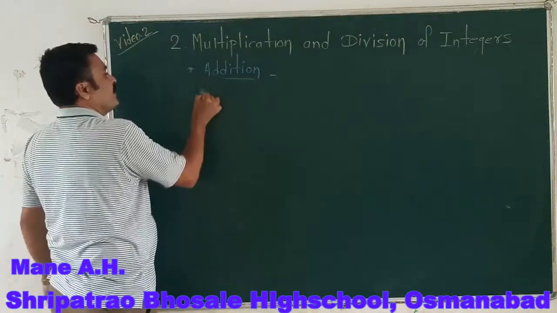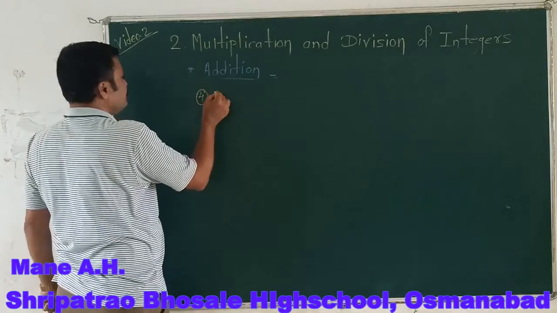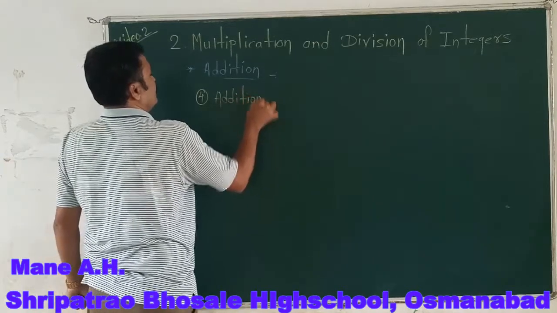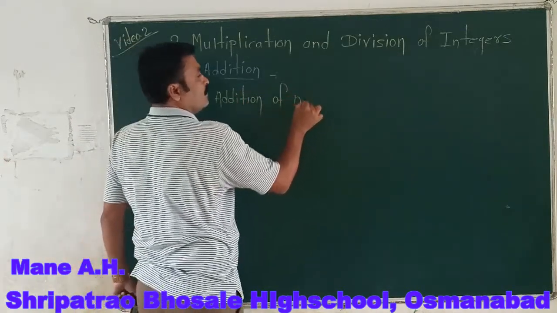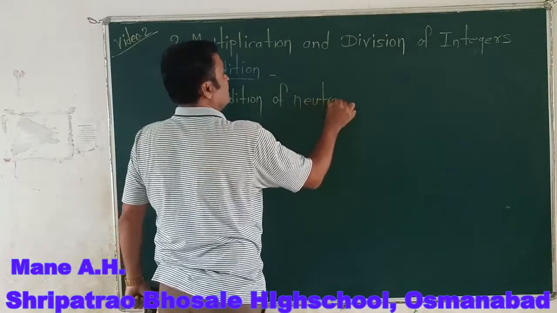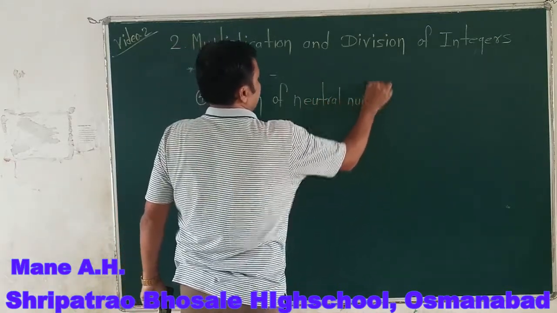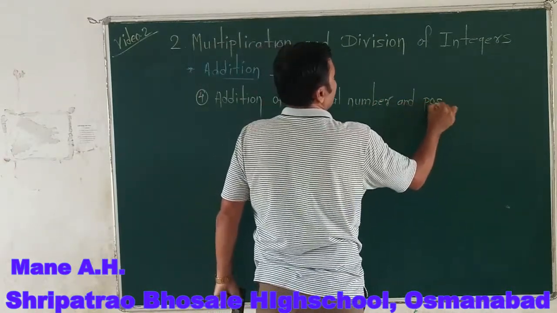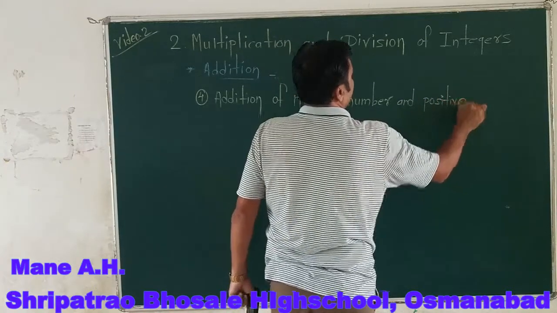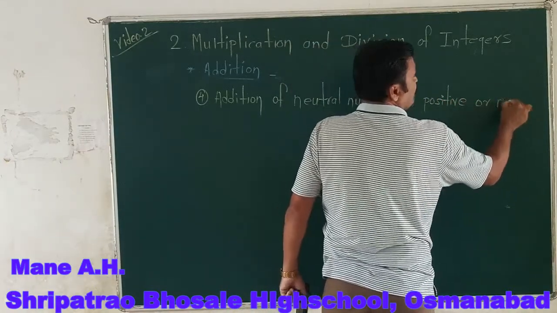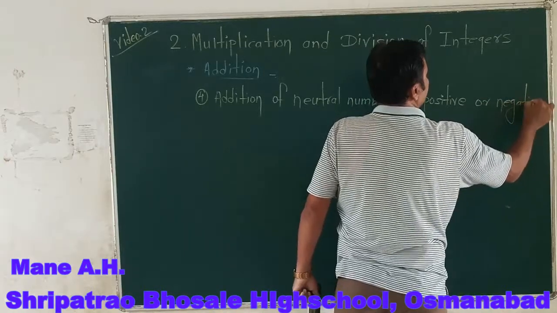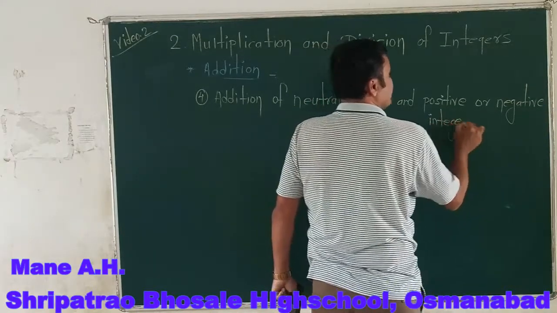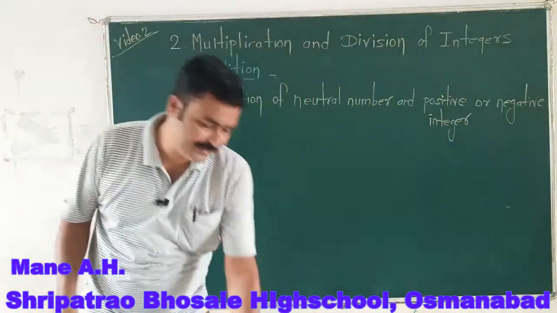While making the addition in this fourth condition, that is addition of a neutral number and a positive or negative integer. Now this condition we continue from first or second standard.